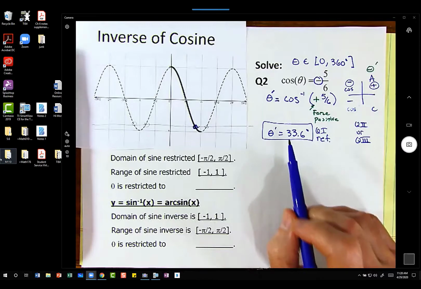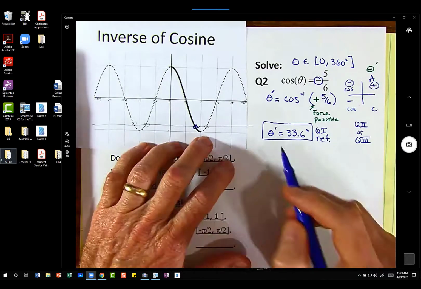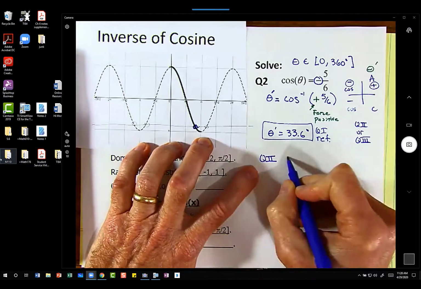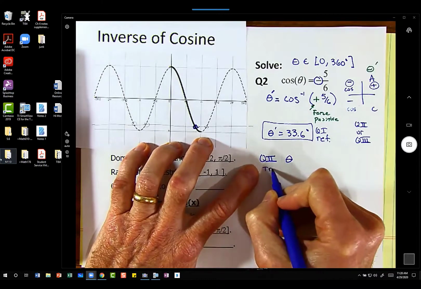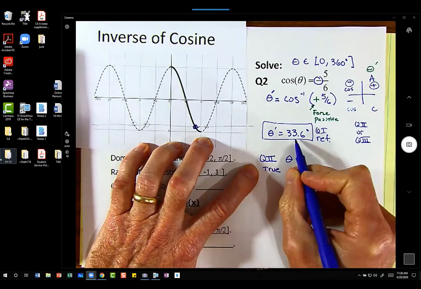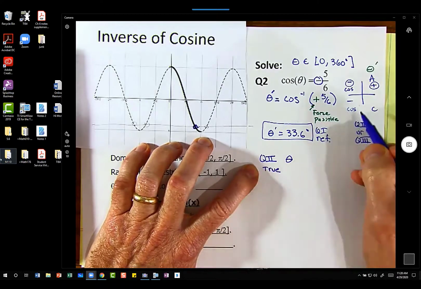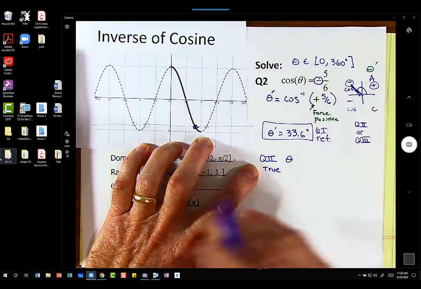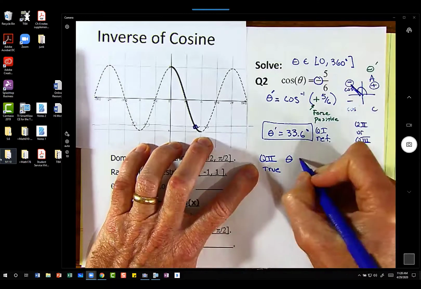But if you know the reference angle, can you tell me the quadrant 2 answer? This is the true answer now. That's the reference angle. How do I get the quadrant 2 answer that's over here? 180 minus 33.6.